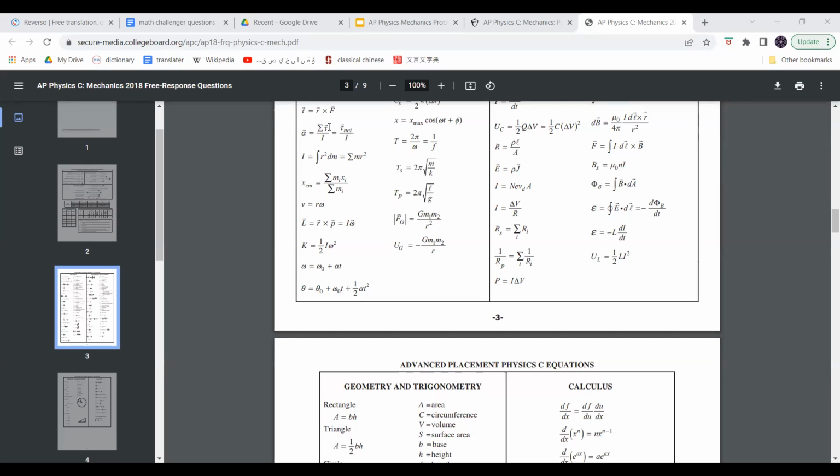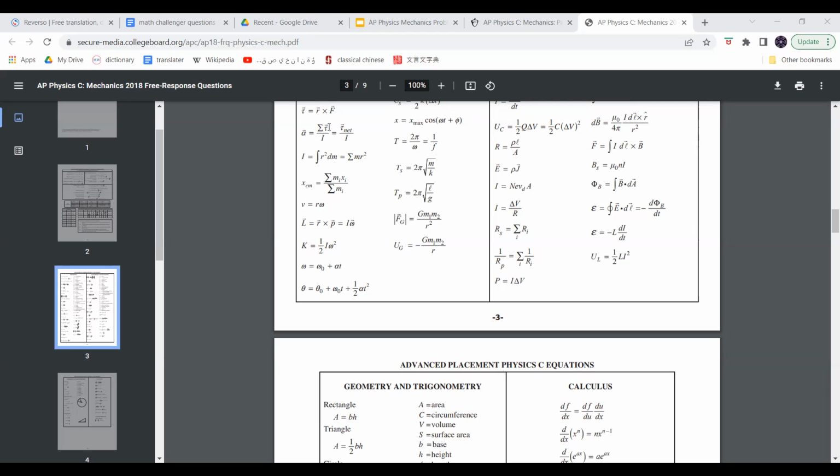So F_G is your universal gravitation. That comes from the fact that every single object with mass has a gravitational force associated with it. And your formula is big G m1 m2 over r squared, which is Newton's law of universal gravitation, where m1 and m2 are two people or two objects with some mass that has some gravity.